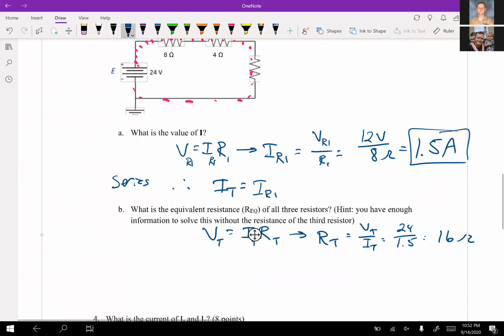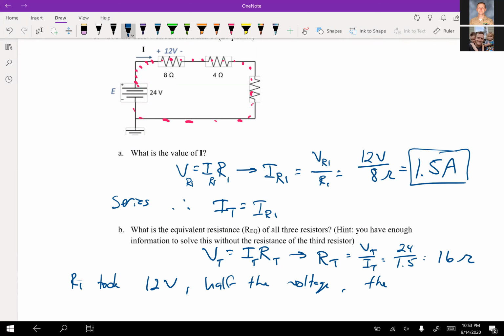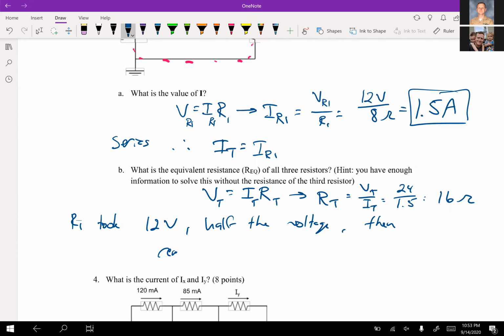Another way to look at this is to say, if we know that R1 took 12 volts, half the voltage, then the remaining 12 volts is divided between R2 and R3.